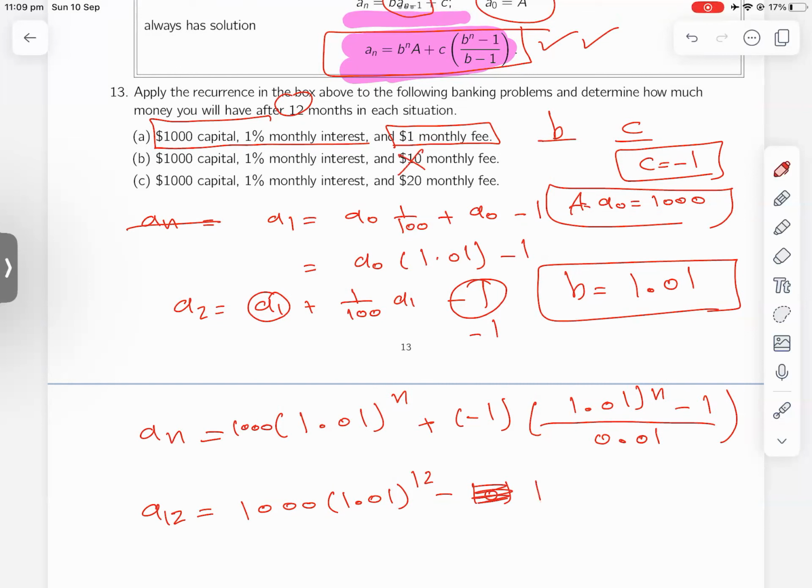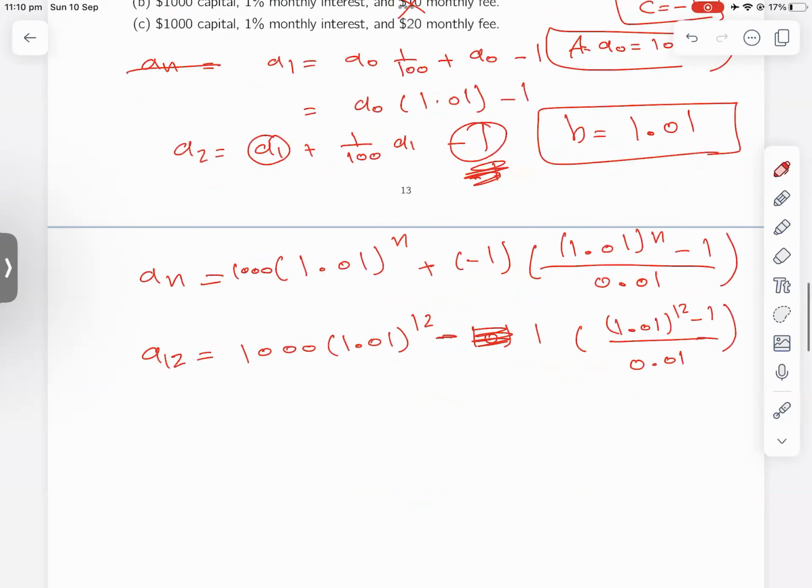So there is no -1 here. I just got confused. You will apply the formula for 12 and the rest of the story. You can do the same job for part B as well, provided that C is -10 there, and the rest is the same job.